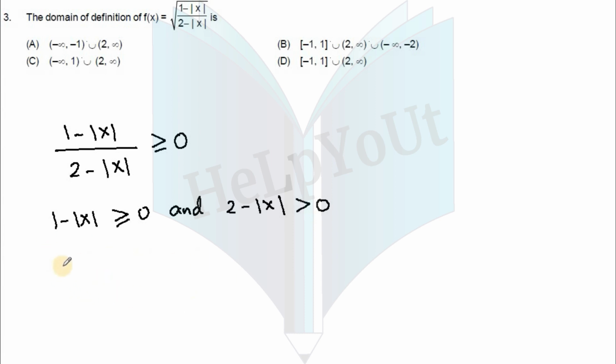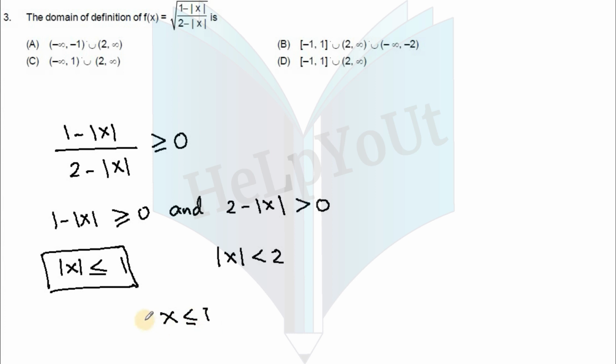From here we get absolute value of x is less than or equal to 1, and here we get absolute value of x is less than 2. Combining them we get this part because this one is smaller, so x is between minus 1 and 1.